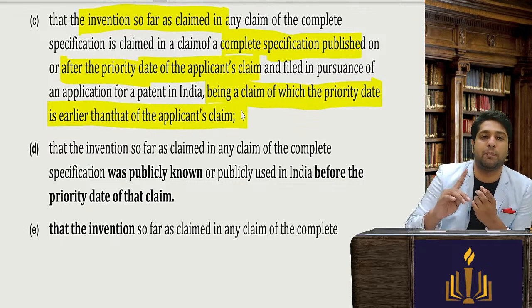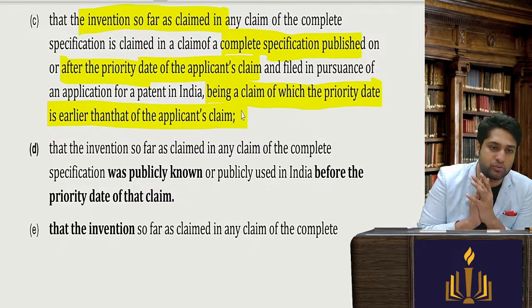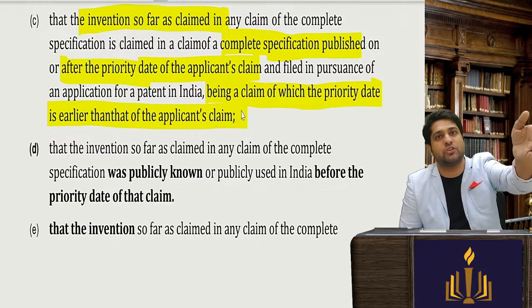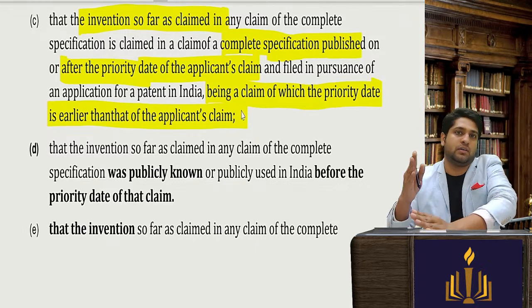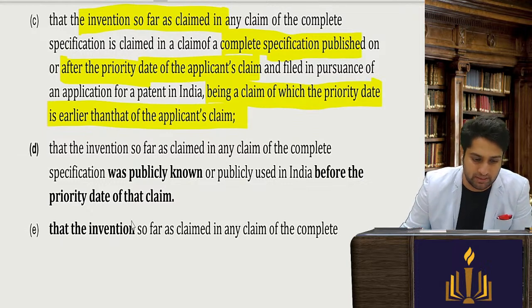So as I told you, someone else has already filed and it is way before you. So the priority date of the applicant is unfortunately later than that of another inventor, and that could be a ground for opposing the patent.